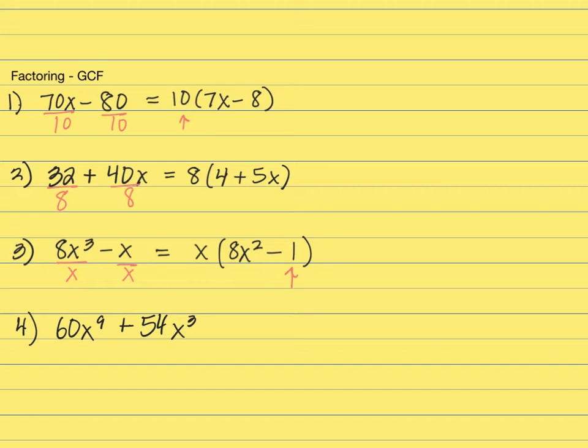If you look at the letters, this would be 3 x's in common. So we're going to divide by 6x to the 3rd on both of these. And of course, you've got to keep that, right? 6x to the 3rd would be in the front. And then this would be 10x to the 6th plus 9.